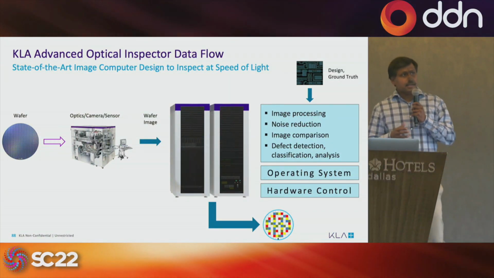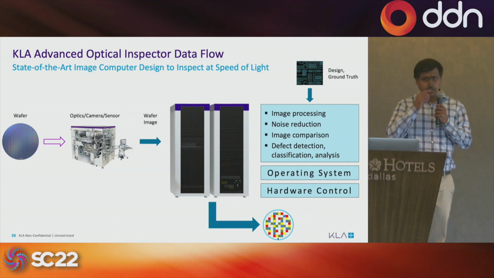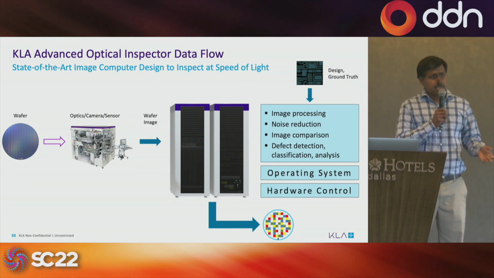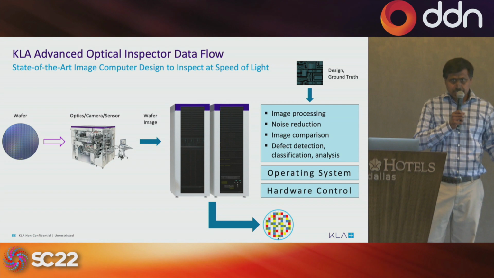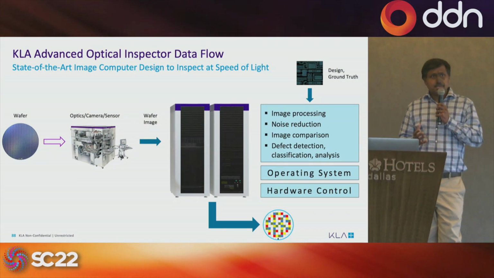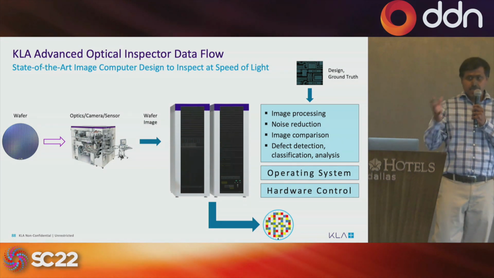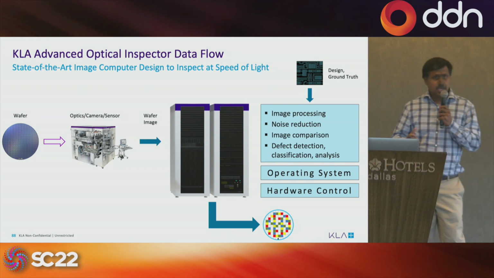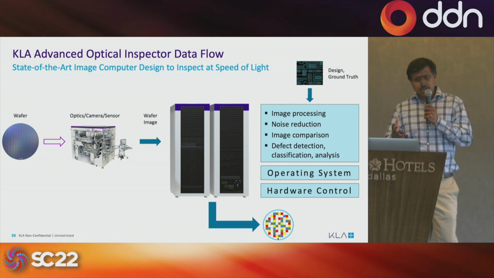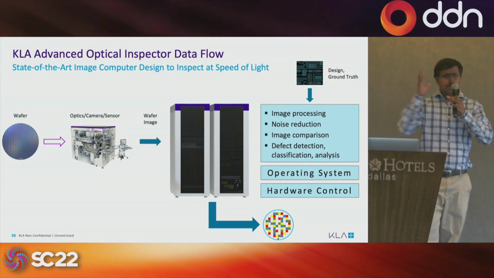And another major difference: before I got into this role, I'm just a year old in KLA. Before that, I was at NSF computational centers and Department of Energy computational centers. The primary difference that I see in how we build Linux clusters here compared to other centers is that these resources need to run in a push button mode. They are like products. They go into fabs.